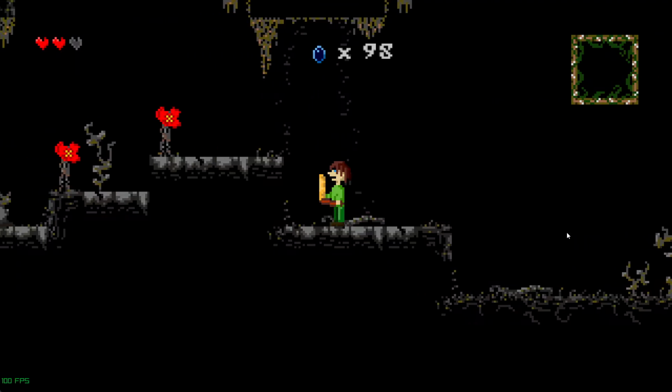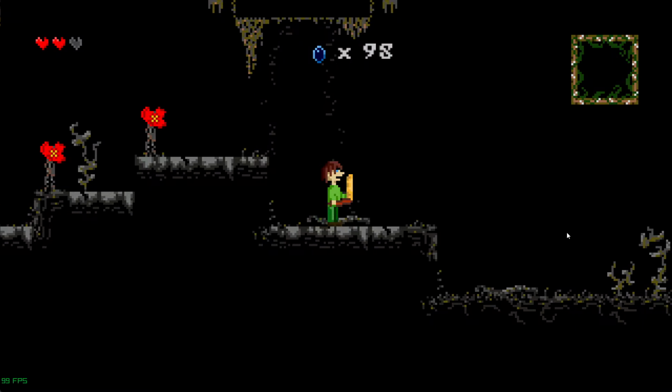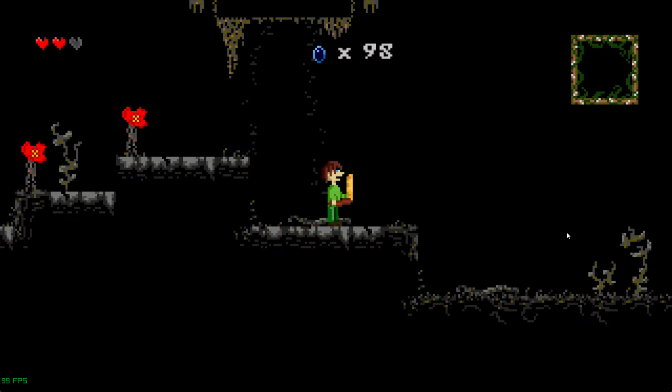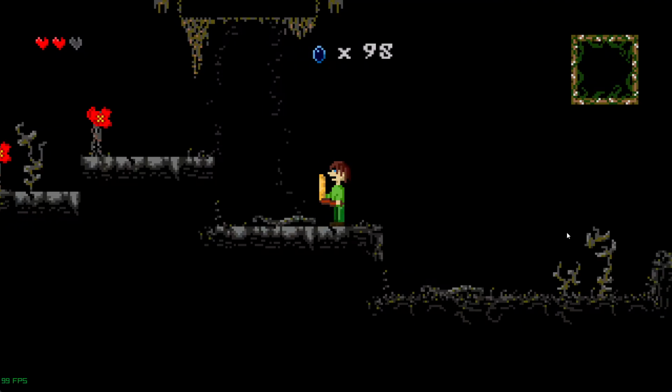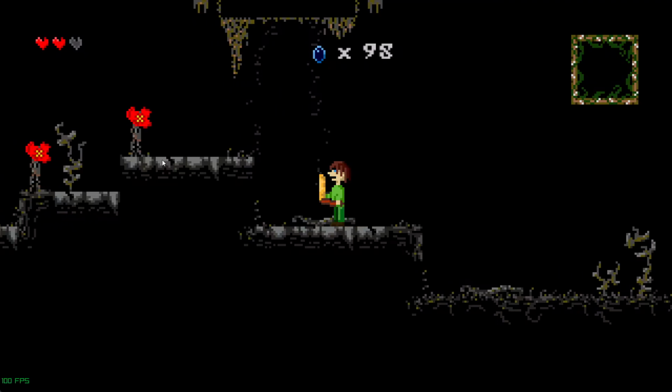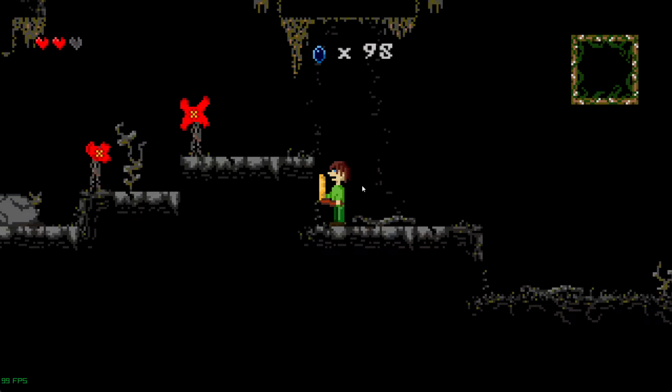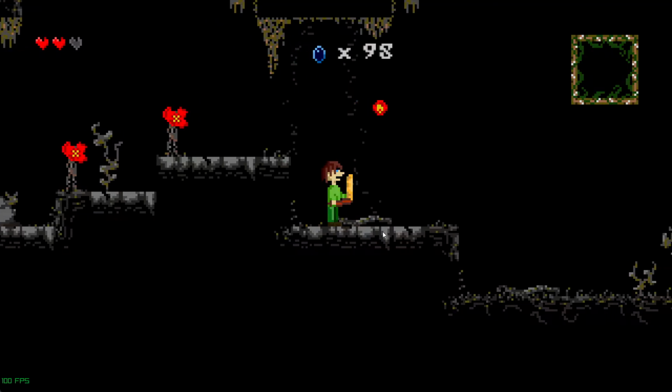What would actually be a good range? Like if you stand over here, it probably should shoot. So that's like 1, 2, 3, 4, 5, 6 tiles. But right now it's only activating over here. So I should add 2.